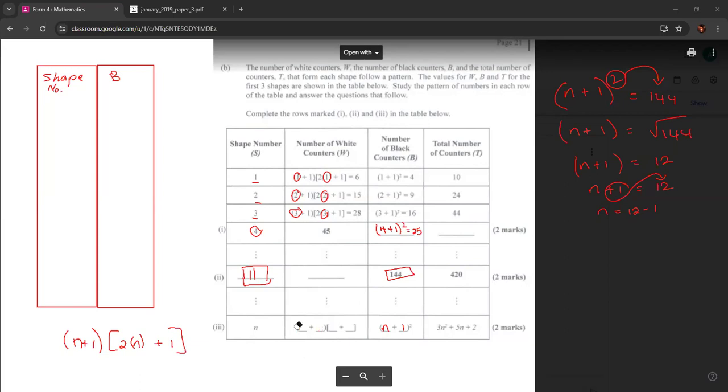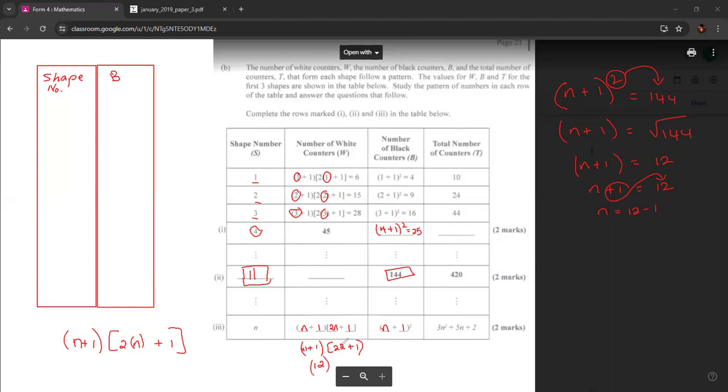Remember, we had a formula which was n plus 1 and then 2n plus 1. So this will be your n. N is 11. So 11 plus 1 multiplied by 2 times n. So that's 2 times 11, 22 plus 1. So 11 plus 1, that's 12.